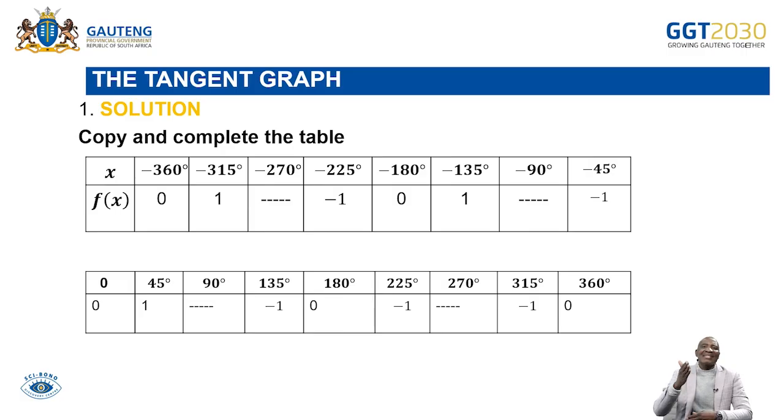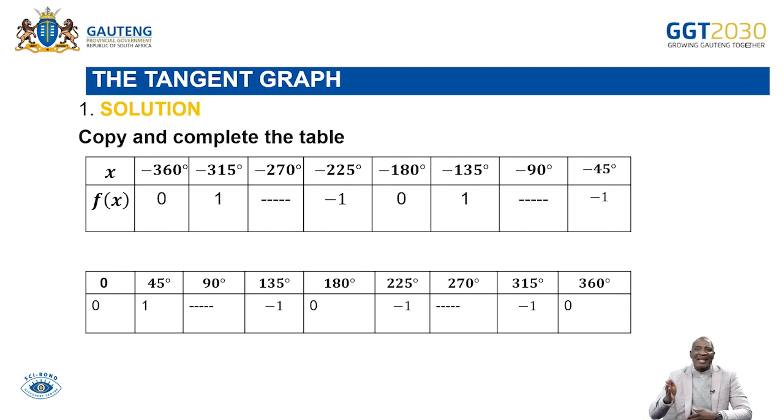So you can clearly see at which points I will have what I call undefined, or lines of asymptotes. By now you know lines of asymptotes from even exponential graphs, hyperbolic graphs. These are the lines that the graph will never cross.